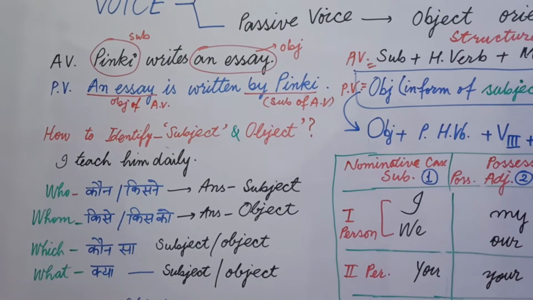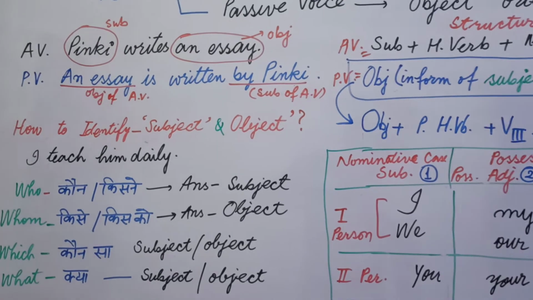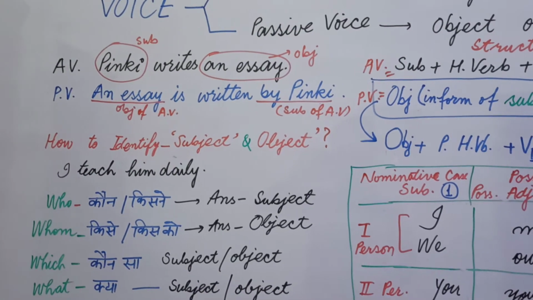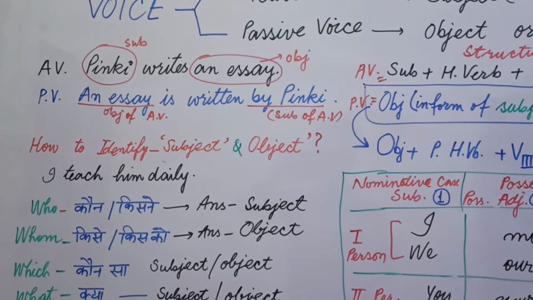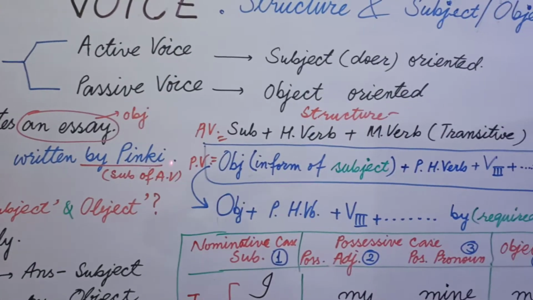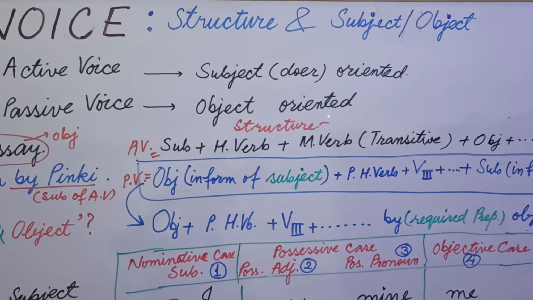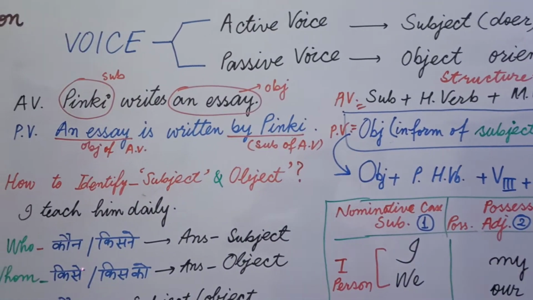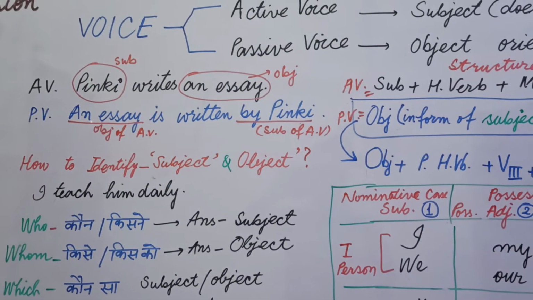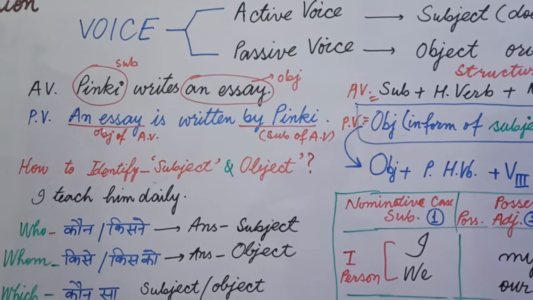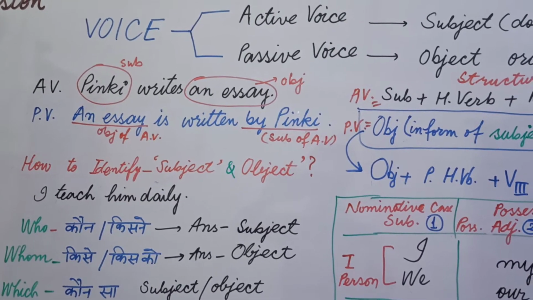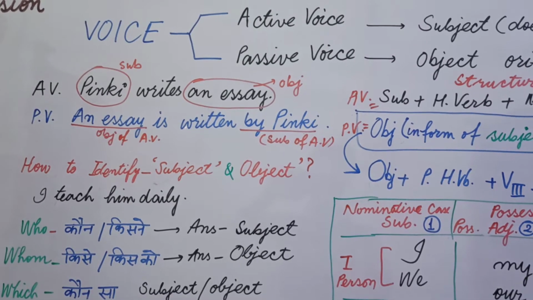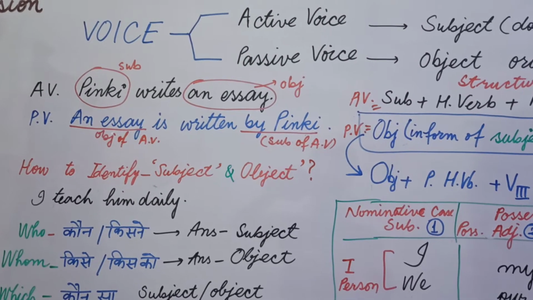So an essay is an object. When we change it into passive voice, students, we write the object of the active voice at the beginning of the passive voice, because you came to know that passive voice is an object-oriented sentence, meaning in passive voice we begin our sentence with an object. An essay doesn't write; an essay is written by somebody, meaning Pinky is the writer of this essay, and Pinky is not written in the beginning.